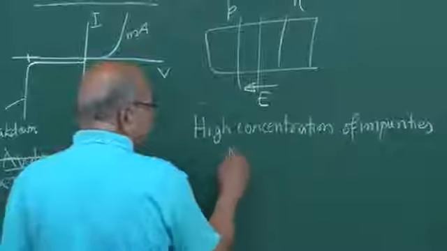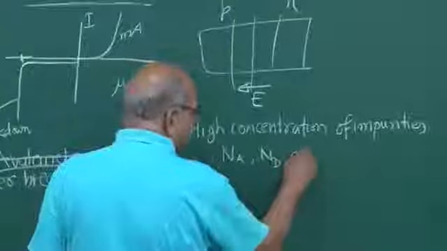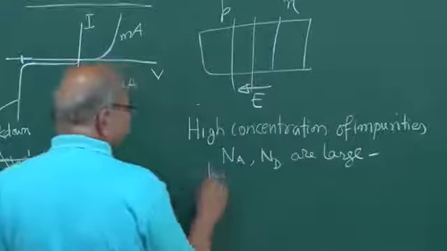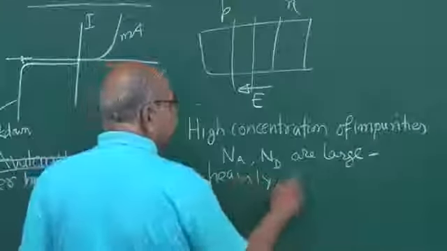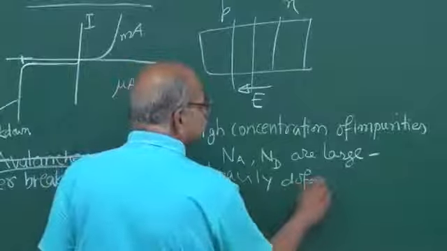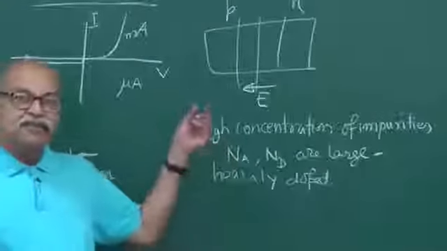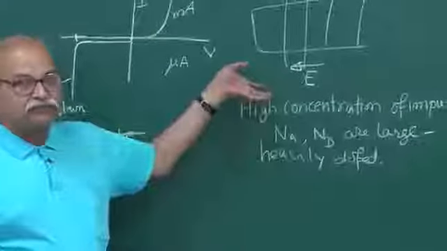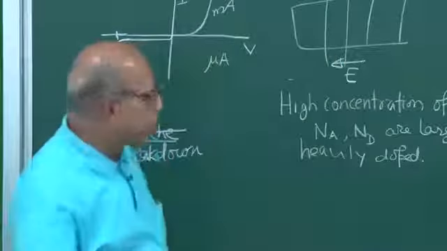So Na and Nd are large, heavily doped. These are the words that you will find, heavily doped. As a result, this depletion layer is very thin, of the order of micrometers, 1 or 2 micrometers or less, like that.